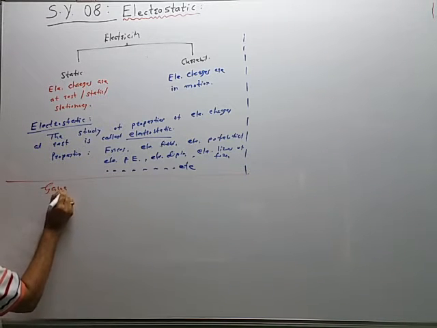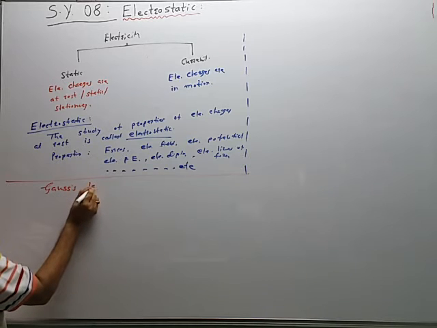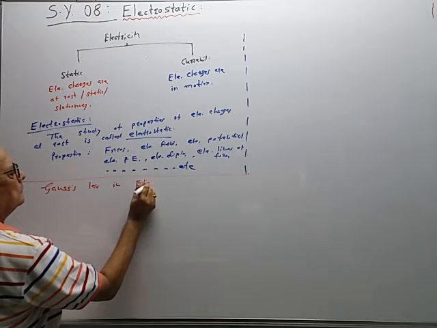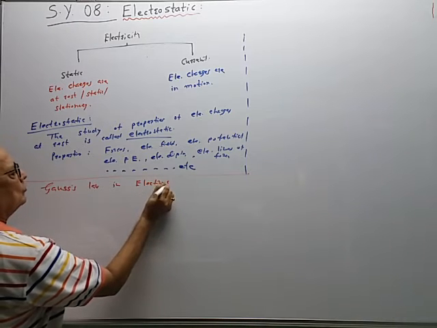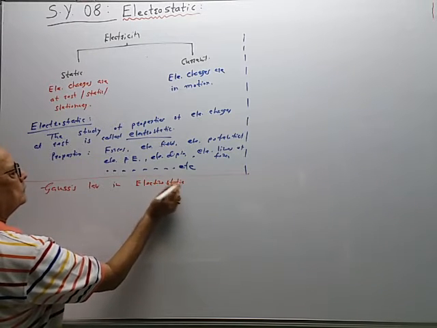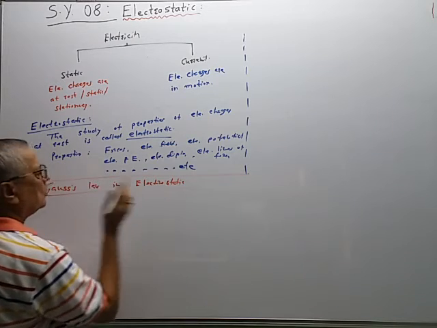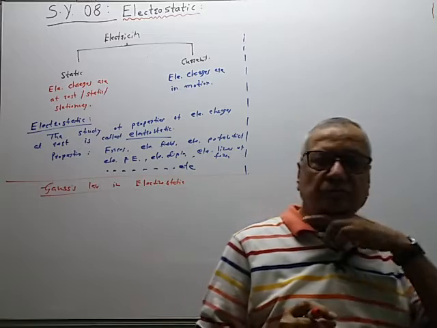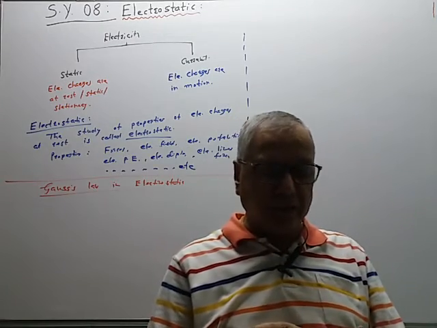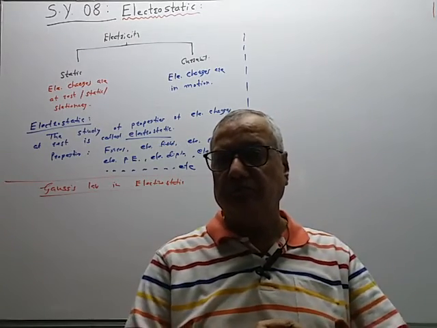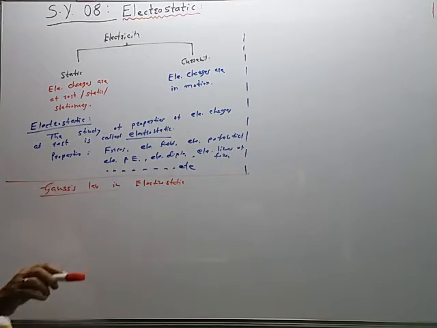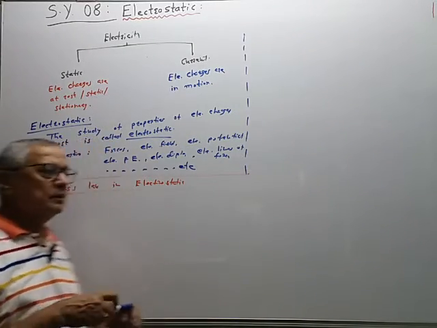Gauss's law in electrostatic. It is also called the Gauss law. Gauss law in electrostatic, Gauss law in magnetism. So the statement is like this.